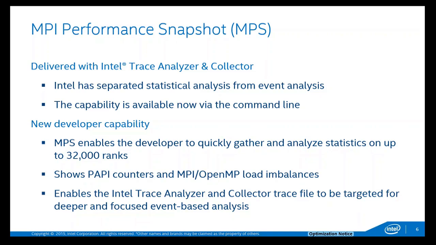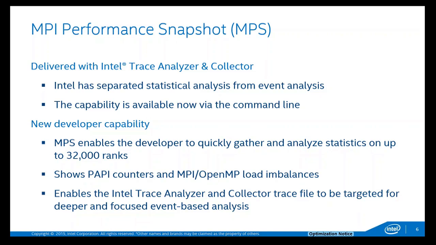What it does is gather some of the underlying PAPI counters. If you're not familiar with PAPI, it stands for Performance API. Some operating systems already ship with it; for others, it's a separate install.